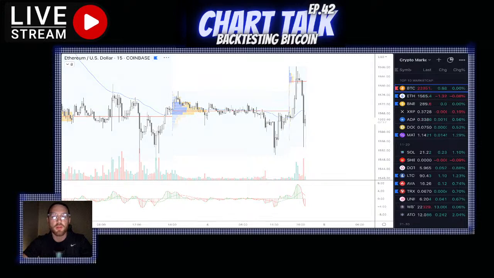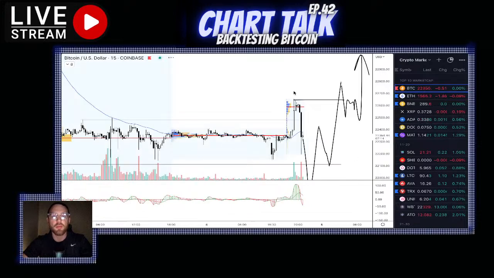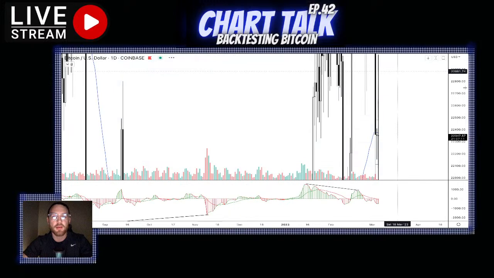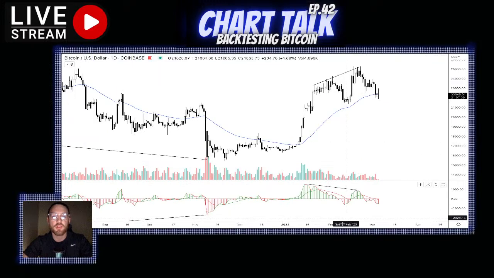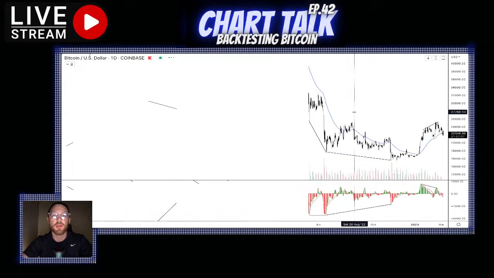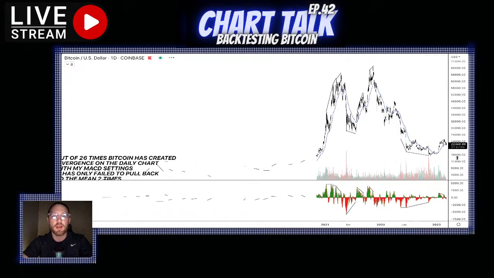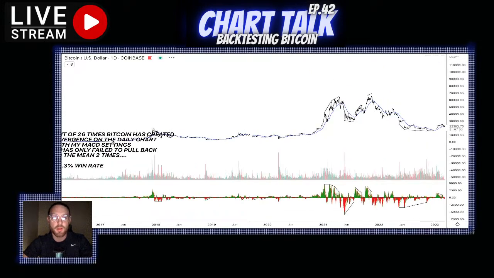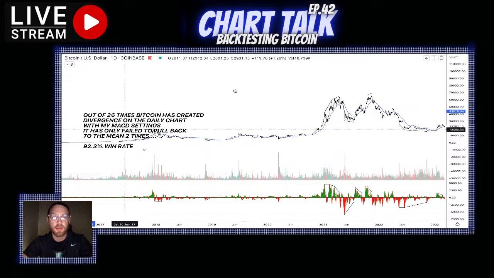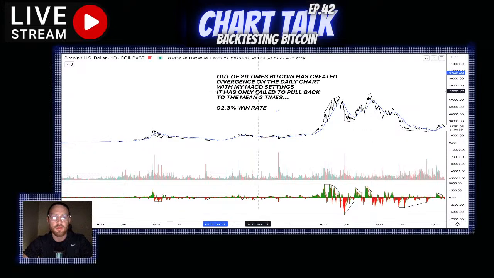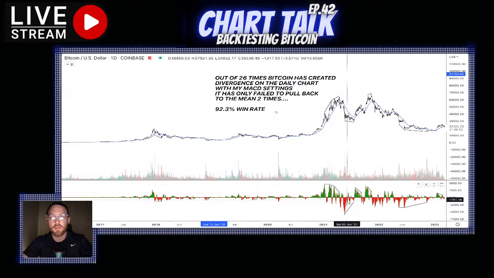I just wanted to really look at the probabilities of the backtest of divergence on the daily, and it's really powerful, guys. It is extremely powerful. Like I said, 92% when there is divergence. Yes, it takes time.